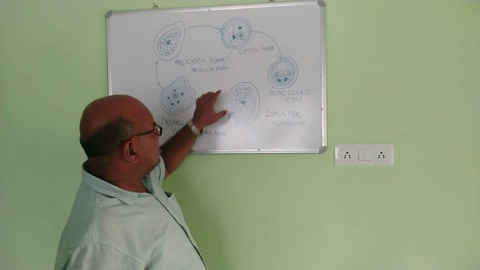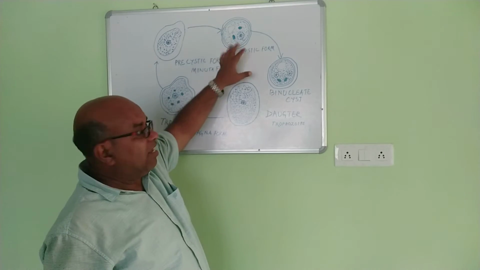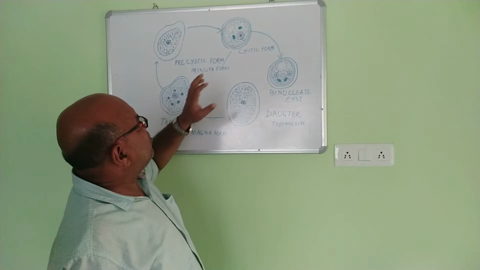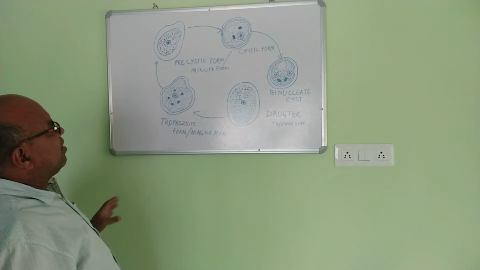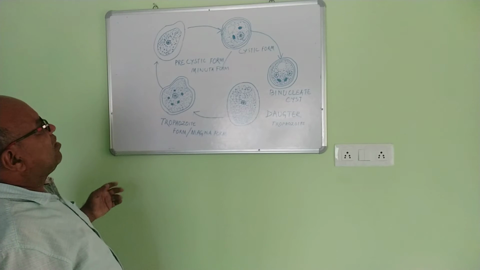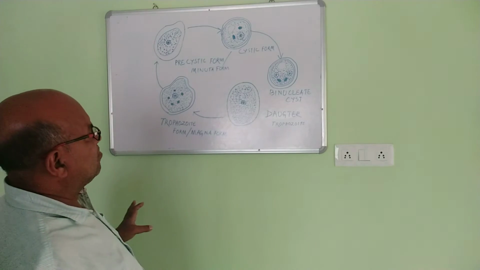Under encystation, the cystic enclosure is formed, and the organism possesses well differentiated granules and granular vacuoles, and you also find a well differentiated nucleus.